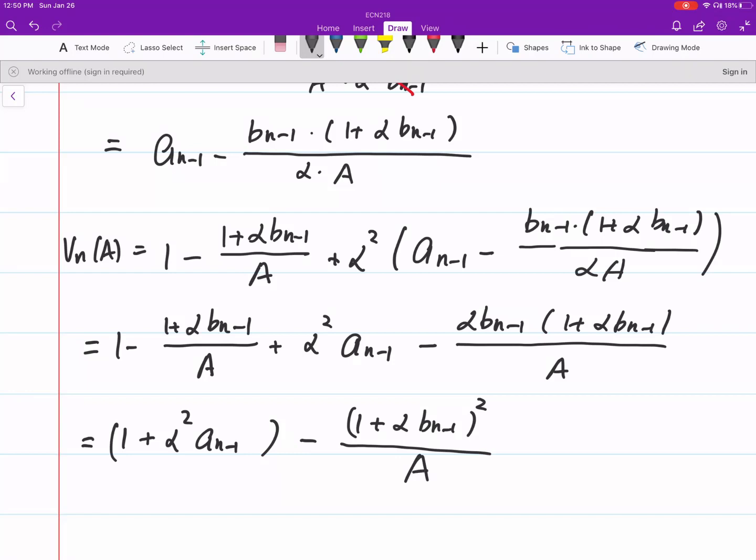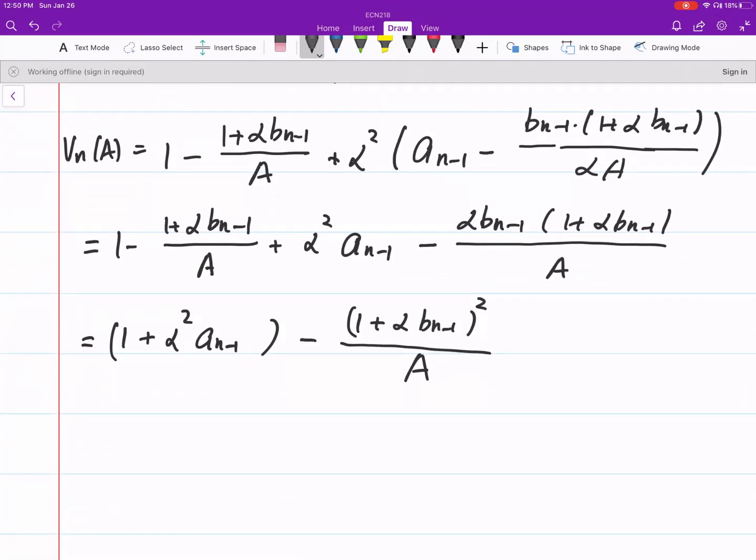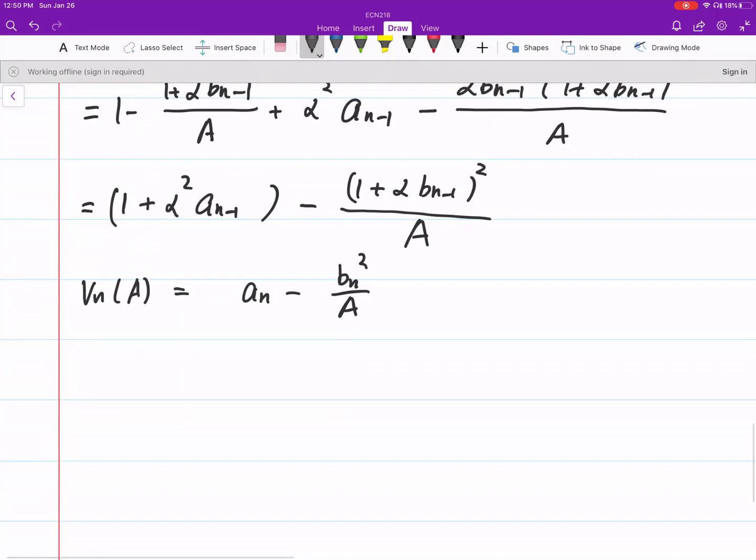Okay. Now what we see is that we have the same pattern that we started with. And in fact, remember that our assumption is v_n of A is equal to a_n minus b_n squared over A. They look exactly the same. So what we need to do now is just say, well, these two formulas, they should match.